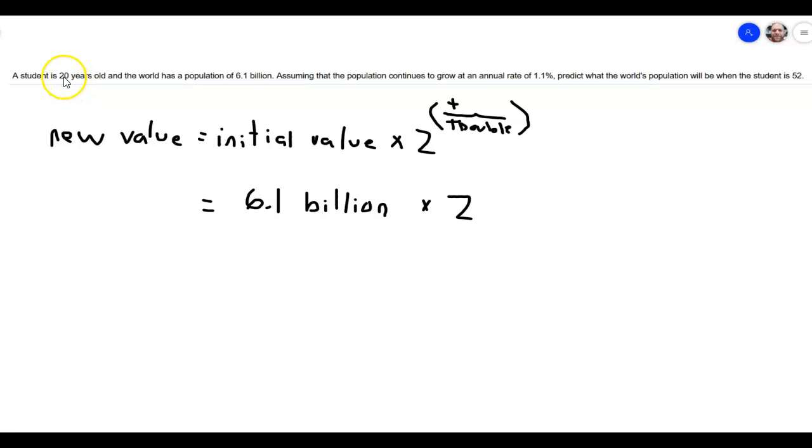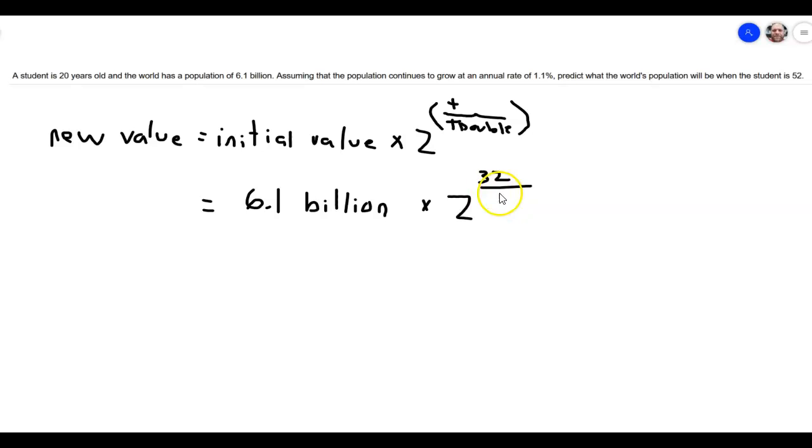So if the student started at 20 years old and ended at 52 years old, we take 52 minus 20, which is 32. That means it's been 32 years, so 32 years goes up here.